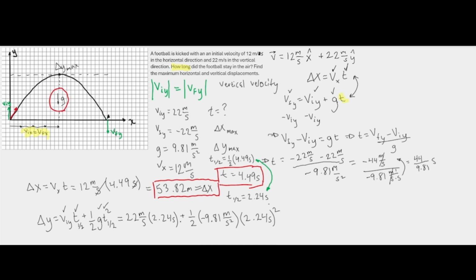So now I just need to simplify these numeric values. So for example, okay, let's take the 22 times 2.24. This first term becomes 49.34, rounding to 2 decimal places. And the seconds divided by seconds is 1. That leaves me with just meters.